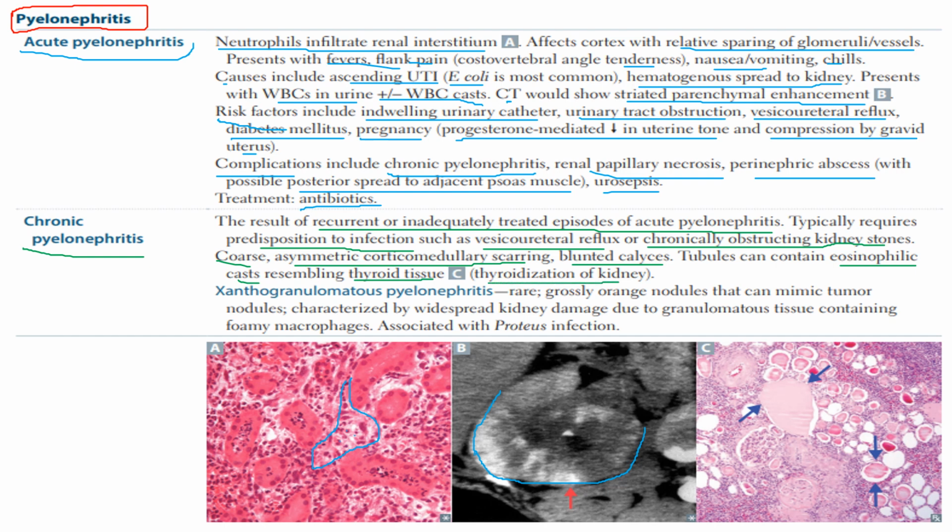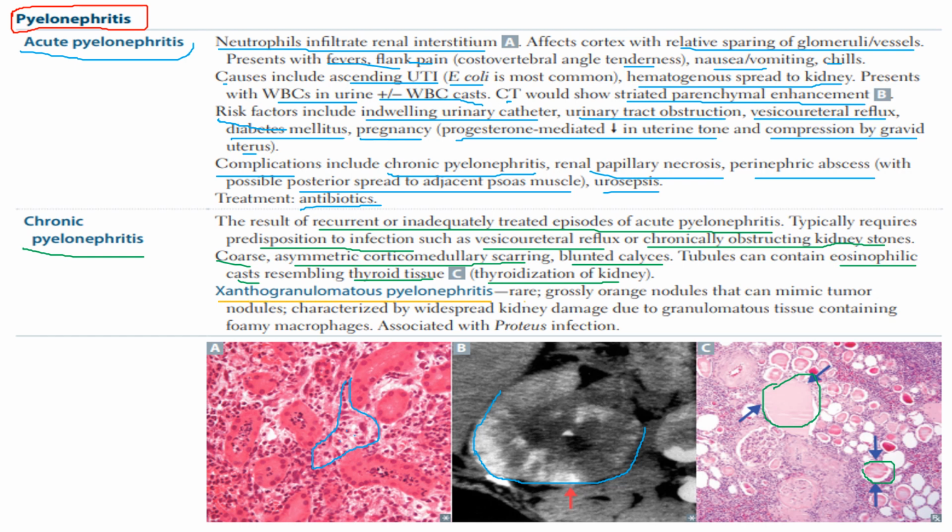As we can see in this image, it looks like thyroid tissue with follicles, which is known as thyroidization of the kidneys in chronic pyelonephritis. Now, there is one more complication, which is xanthogranulomatous pyelonephritis.